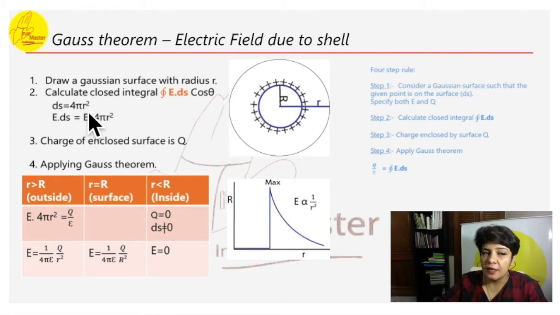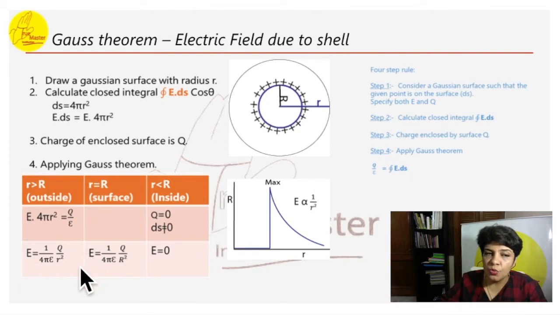Step 3 is the charge of the enclosed surface, which is Q. Finally, applying the Gauss theorem, E times 4 pi r square equals Q by epsilon naught. So the electric field will be equal to 1 by 4 pi epsilon naught Q by r square. This will be R in case it is kept outside.